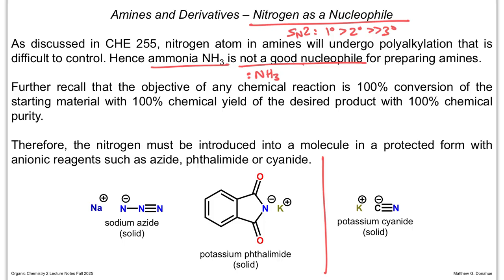They're solids, they're pretty easy to weigh. Potassium cyanide, obviously, you got to take some more precautions with it. The acid of that, HCN, is what's really deadly, but because this is a solid, I mean, it's still toxic, but it's not going to outright do you in by handling it.